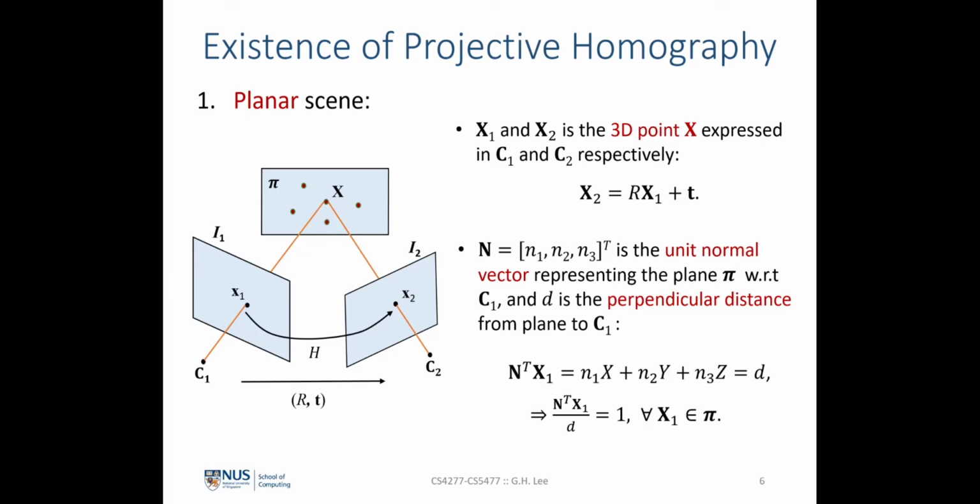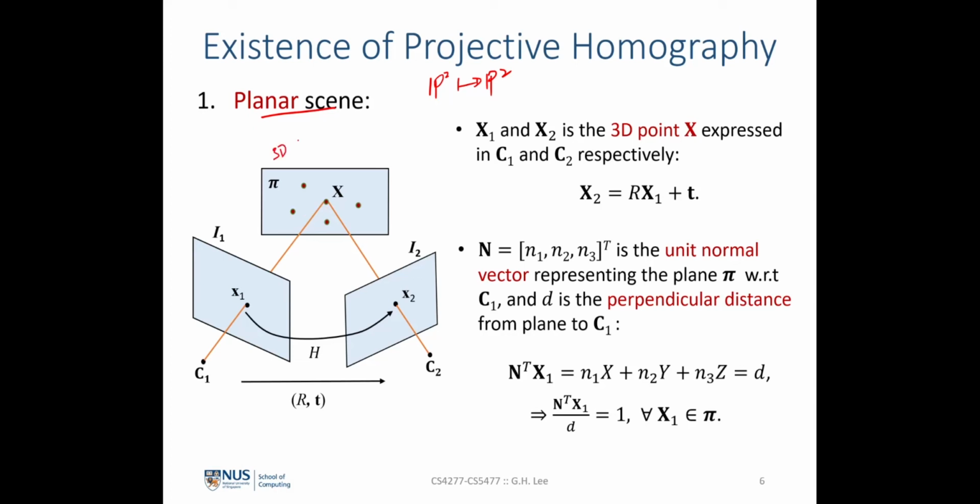There are two cases in particular where projective homography exists, due to the fact that it must be a transformation from a point in the P2 space to another point in the P2 space. And in the first case here, it must be a planar scene. What this means is that suppose that I have a set of 3D points that lie in the 3D world.